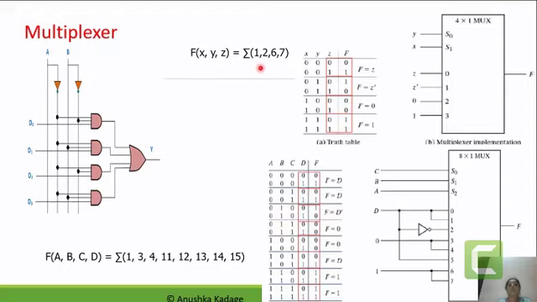But we know if I am selecting a 4:1 mux, there will be 4 possible inputs which we have to define. And for a 4:1 mux, by the rule of 2 raised to n, the number of select lines has to be specified.